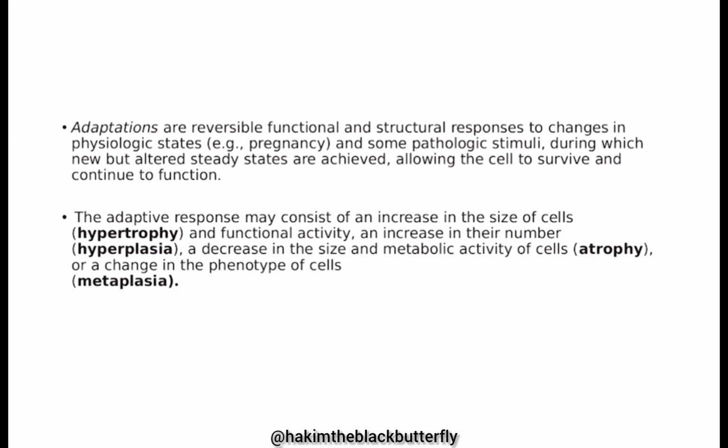But then you can have pathological hyperplasia. An example is endometrial hyperplasia. You have seen peri or postmenopausal women having abnormal vaginal bleeding because the cells in the glands of their endometrium have increased in number. That is pathological. So go on and list more examples of physiological hyperplasia and pathological hyperplasia.